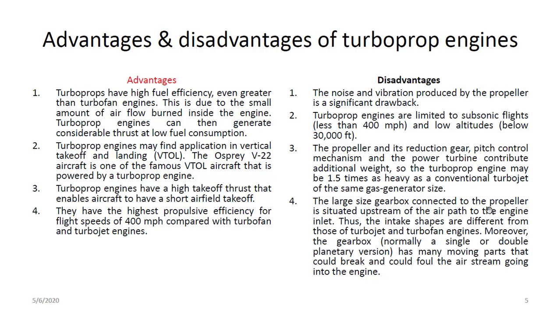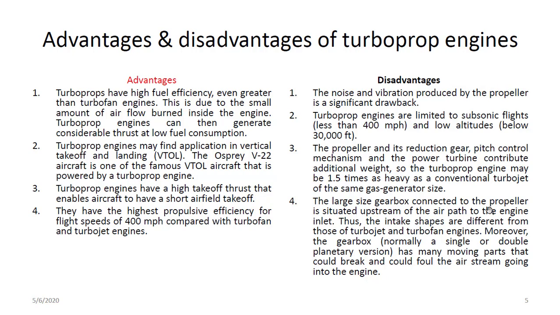And the fourth reason is because we've got a gearbox in front of the inlet to the engine. So this gearbox might act as an obstruction to the air intake.